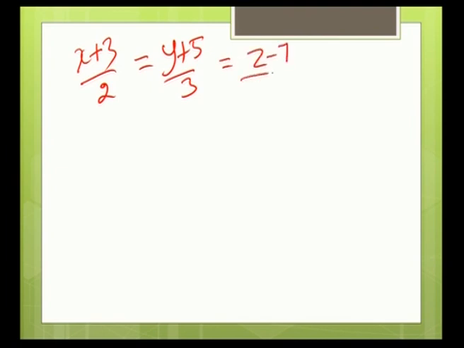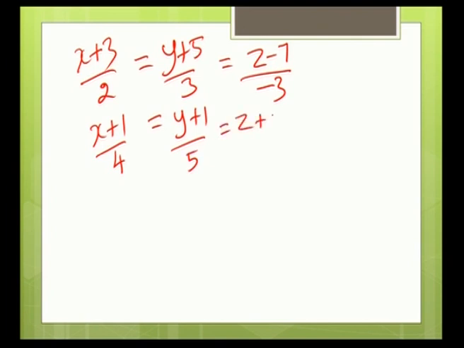which is the equation of the plane which contains the line (x plus 3) by 2 is equal to (y plus 5) by 3 is equal to (z minus 7) by minus 3, and is parallel to the line (x plus 1) by 4 is equal to (y plus 1) by 5 is equal to (z plus 1) by minus 1.